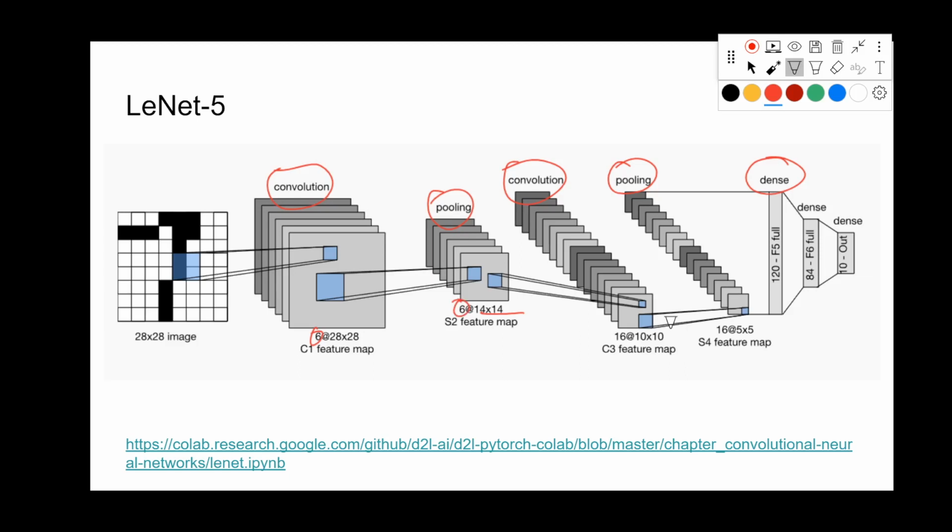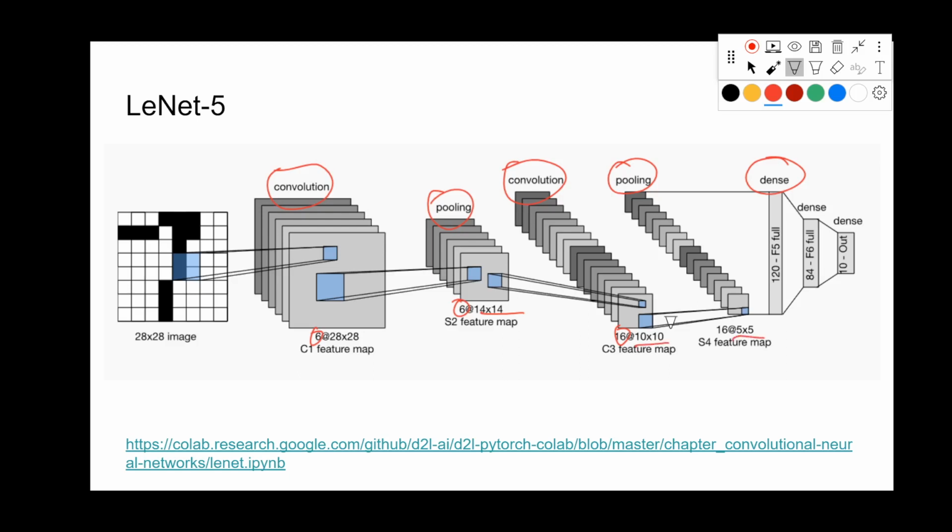And then we're using the other convolution layer to produce the 16 feature maps of 10 by 10. And then we're using the pooling to reduce the size from 10 by 10 to 5 by 5.